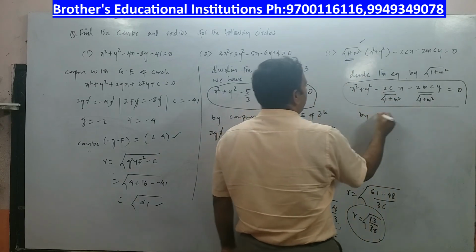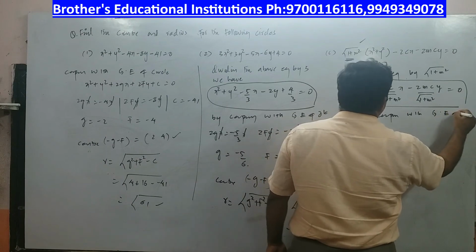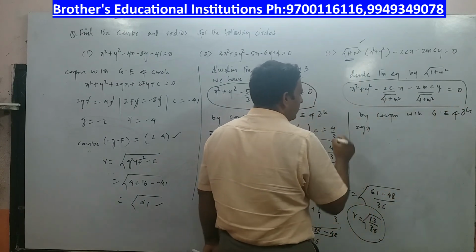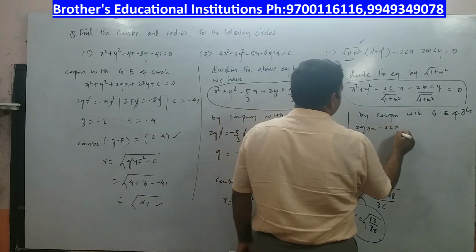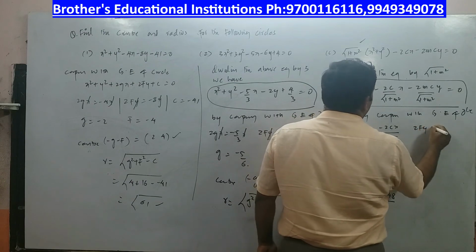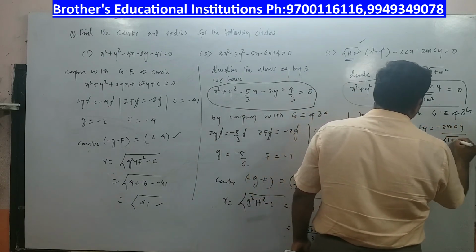Now by comparing with the general equation of circle, what is the 2gx value? Minus 2cx by root 1 plus m square. What is the 2fy value? 2fy value is minus 2mcy by root 1 plus m square.